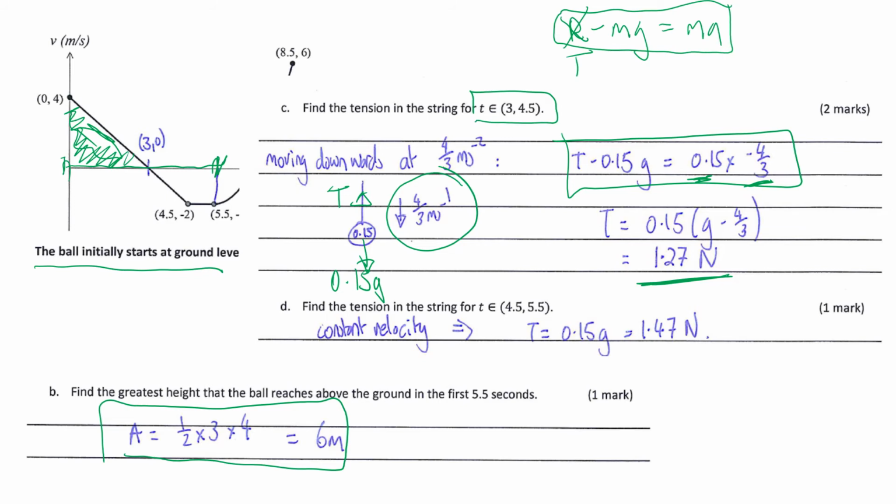All right, part D: find the tension in the string for this leg of the journey. Let me just highlight what we're looking at. For this leg of the journey, from 4.5 to 5.5, we notice our velocity time graph is perfectly horizontal, and that's given by the two y coordinates of the endpoints there. So it's perfectly horizontal, which means it's got zero acceleration, which means it's traveling with constant velocity.